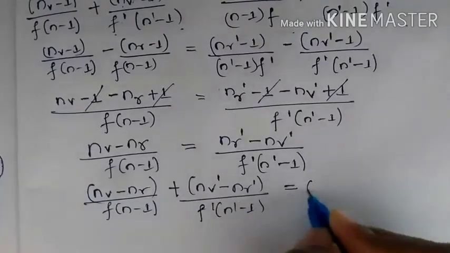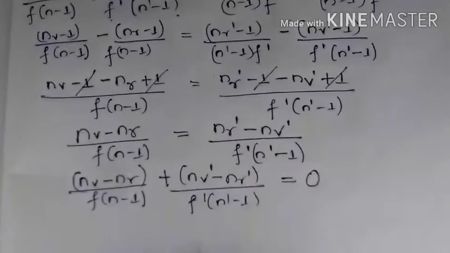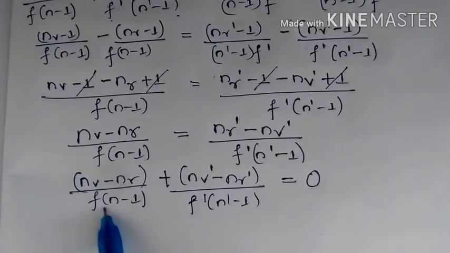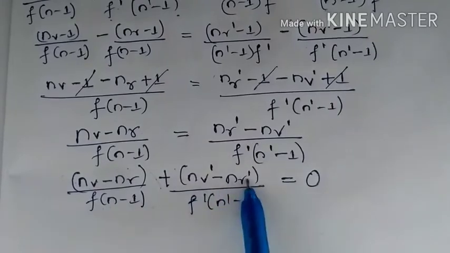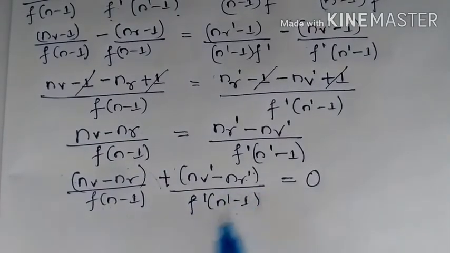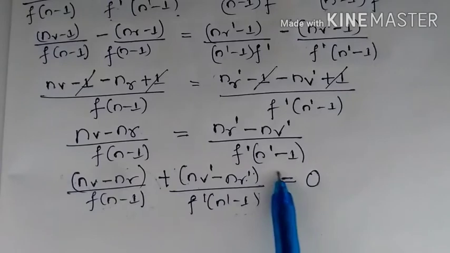So this will be equal to 0. So now this whole term (nV minus nR) divided by (n minus 1) can be denoted as omega, and (nV prime minus nR prime) divided by (n prime minus 1) can be denoted as omega prime. So that is the dispersive power for the convex lens and the dispersive power for the concave lens.